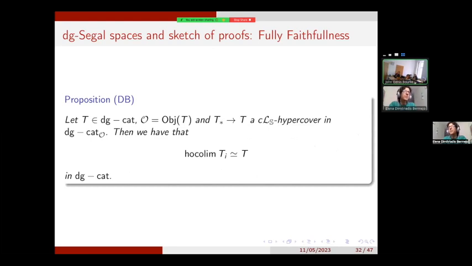So, there exists a hypercover. Can we say that it is actually chopping the original DG category? Yes. So we have this result that says that if we have a hypercover constructed this way, then the homotopy colimit of the augmented object is weakly equivalent to the original object in DG categories.